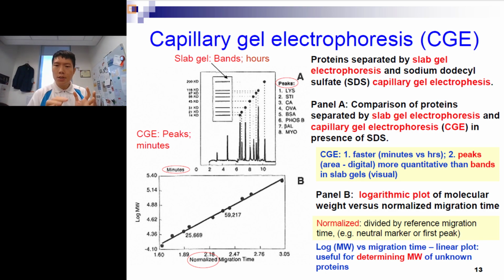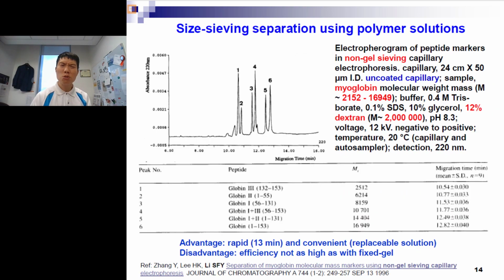And this reference can simply be the first peak. The first peak that comes out is normally the neutral molecule. So this plot is very useful if you have separated proteins of different molecular weights. And then you can use the plot to determine the molecular weight of the unknown proteins using the normalized migration time. It's not that hard, but it's not too simple.